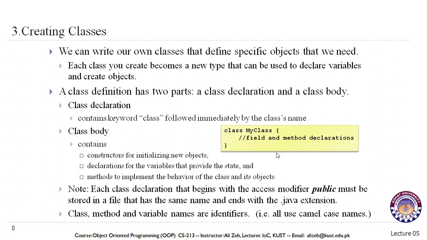In Java we follow the camel case naming convention, that is the first letter of the class is usually a capital letter, and if we are joining two words, then the first letter of the new word needs to be a capital letter as well. For variables and methods, we start with a small letter, but if we are joining multiple words, then the first letter of the new word needs to be a capital letter.